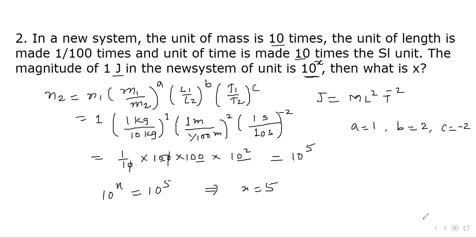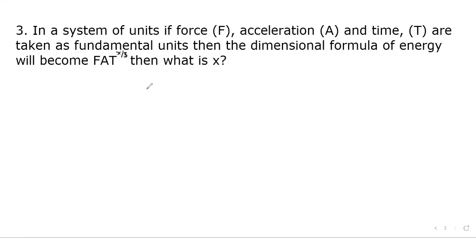Now, next question is: in a system of units, if force F, acceleration A, and time t are taken as fundamental units, then the dimensional formula of energy will become F A T^(x/3). Then what is x? So energy is given as F A T^(x/3), and we have to find out the value of x.